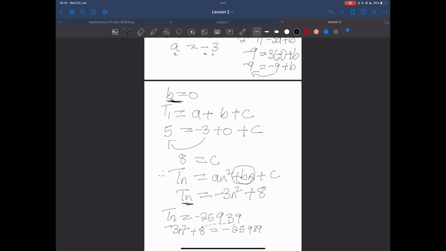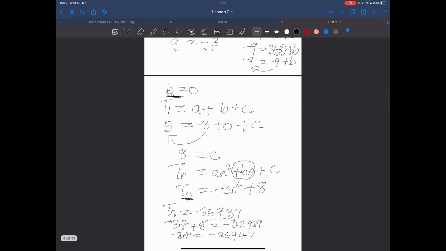Take the 8 to the other side. So we will have negative 3n squared equals, so when the 8 goes that side, it will be a negative. So we add this together, and then we will get negative 25,947.